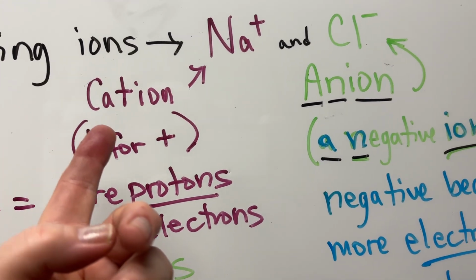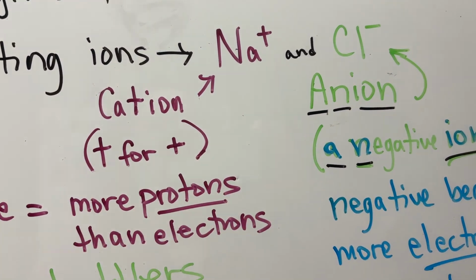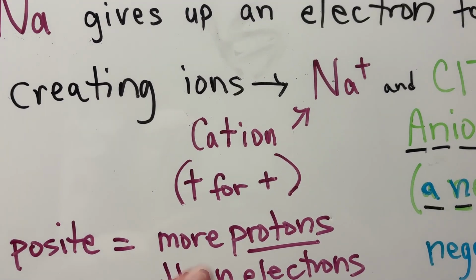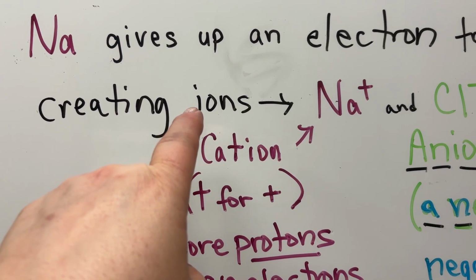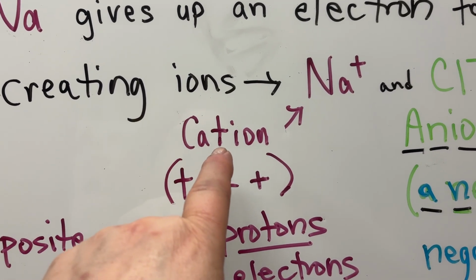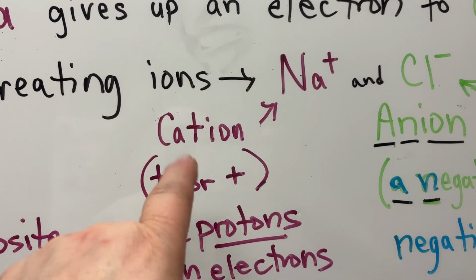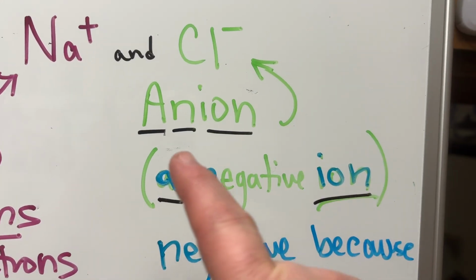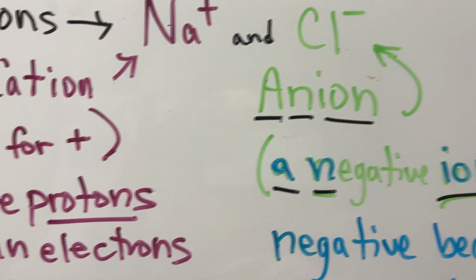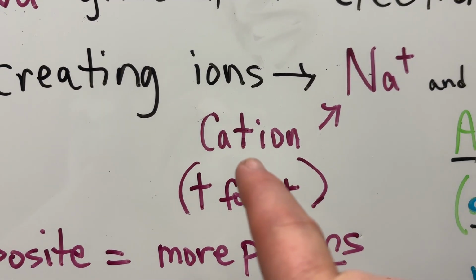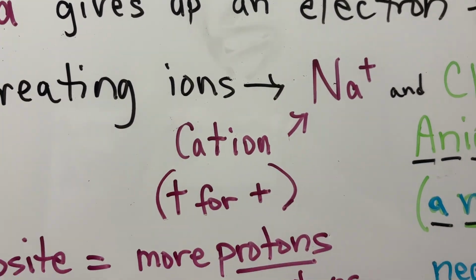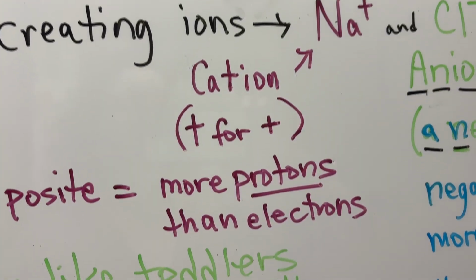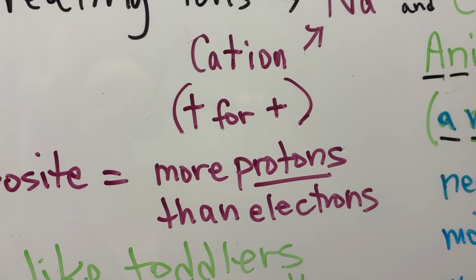There are 2 terms for ions. The word ion is the umbrella term, but the positive ion gets the name cation. The negative ion gets the name anion. A cation is an atom that has more protons than electrons.